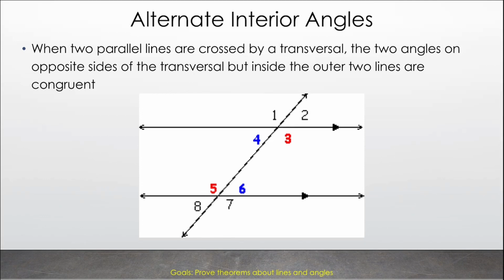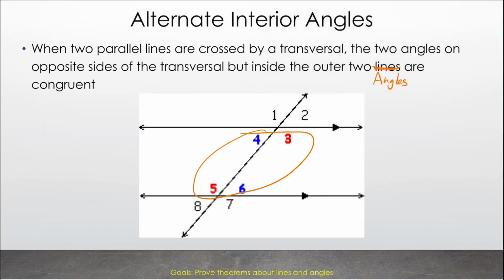Alternate interior angles. All of these statements are going to say: when two parallel lines are crossed by a transversal, the two angles on the opposite side of the transversal, but inside the parallel lines, are congruent.